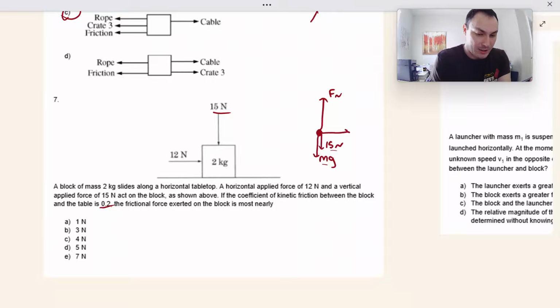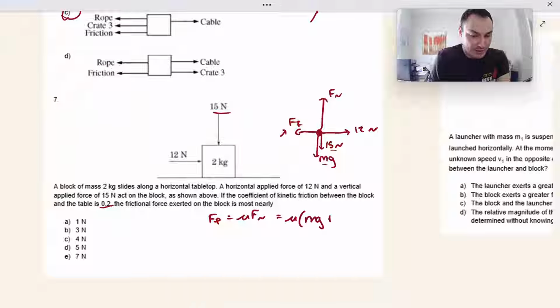We have a 12 newton force to the right, and then a force of friction to the left, and this force of friction is what we're solving for. Force of friction is equal to mu times normal force. Normal force is mass times gravity plus the 15 newtons.